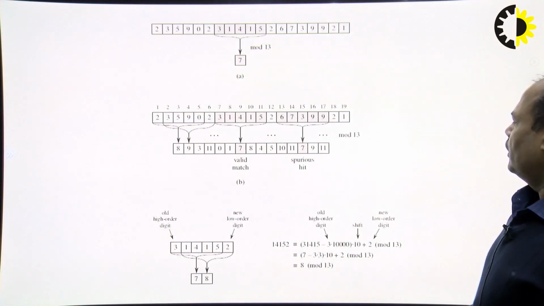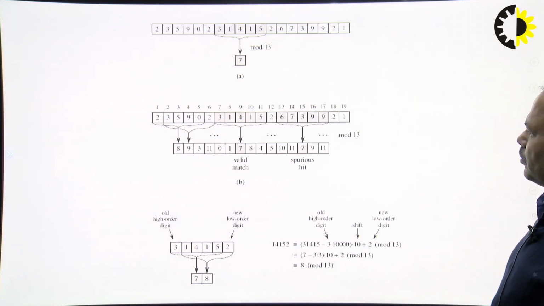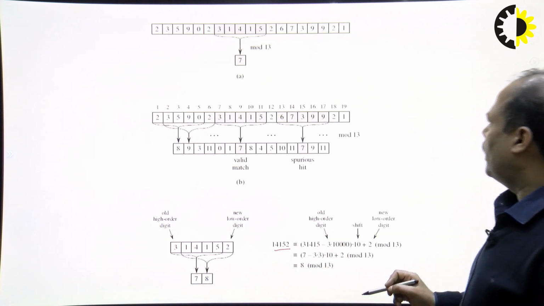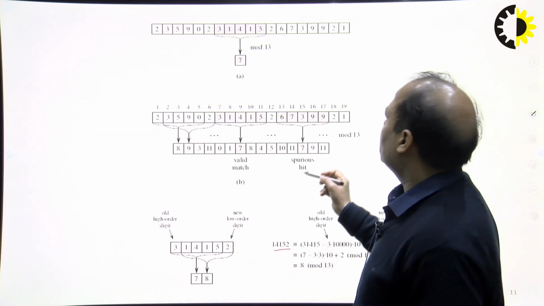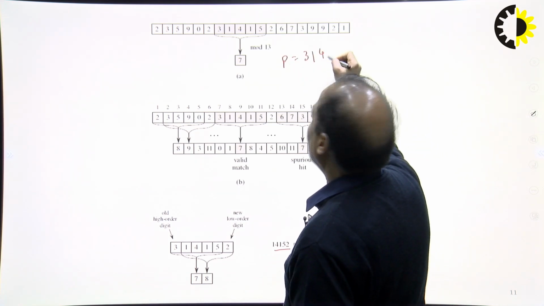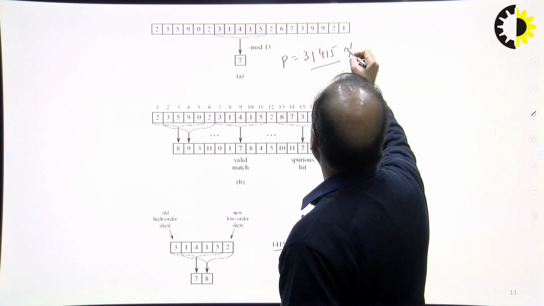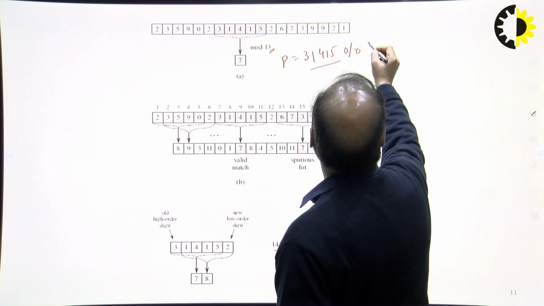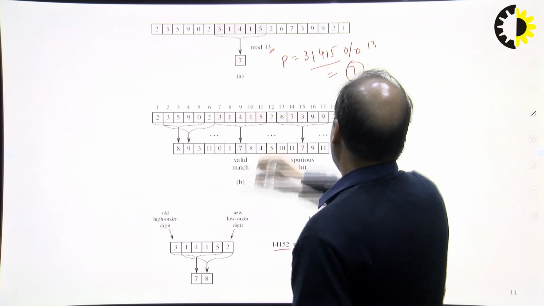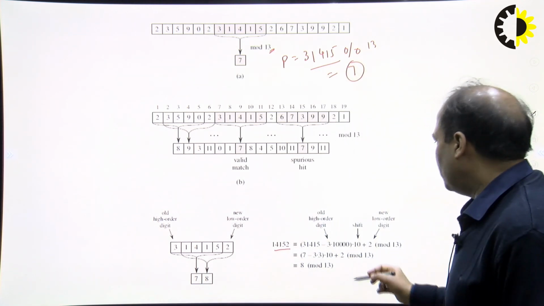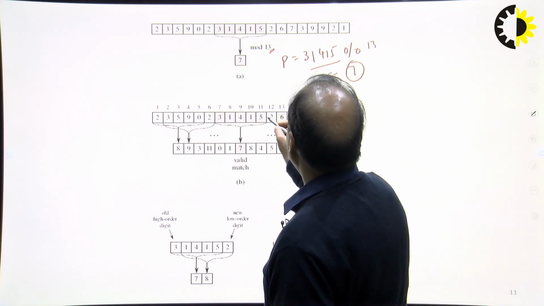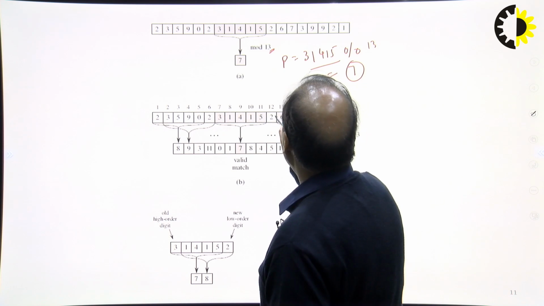Let's see. Suppose in the same situation you have 1412152 here, right? And we are computing the pattern 31415. Take its modulo 13. Yeah, modulo 13. So its modulo 13 is computed as 7. Okay, so suppose you want to get the new one. You see, you have 3 1 4 1 5 here, and you want to get the next one.